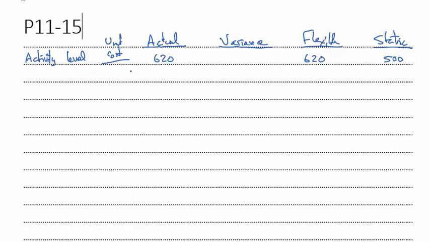Okay. As we say, again, there's no revenue here. It's a not-for-profit organization, so we're going to jump right into variable costs. And we're told that the budget variable costs were, for medical supplies, $7,500.